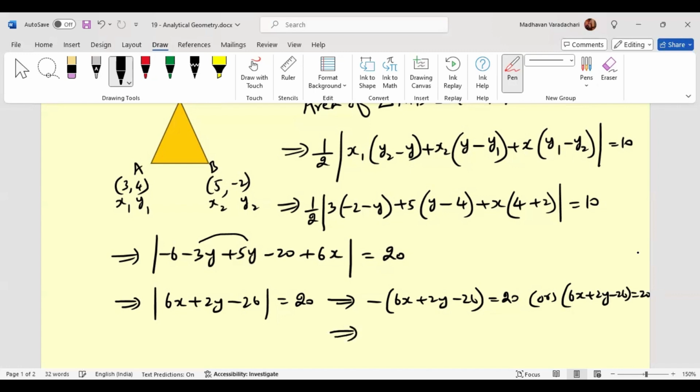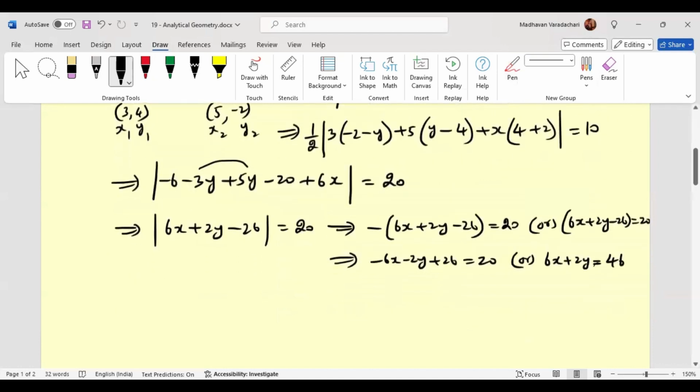That means minus 6x minus 2y plus 26 equal to 20, or 6x plus 2y is equal to, let us take that -26 to the right hand side, it will become positive 26, which will get added with 20, so you get 46. This side you can write minus 6x minus 2y is equal to 20 minus 26 is -6.